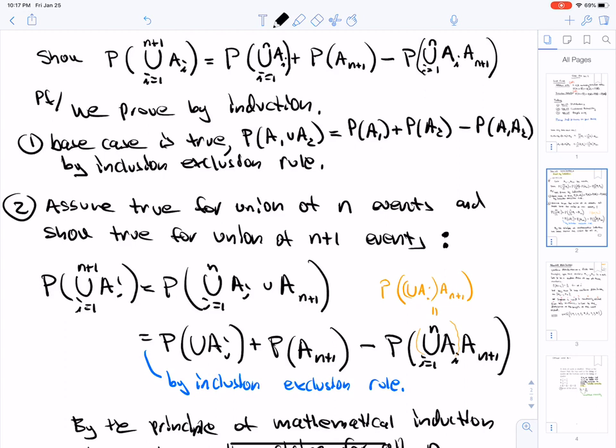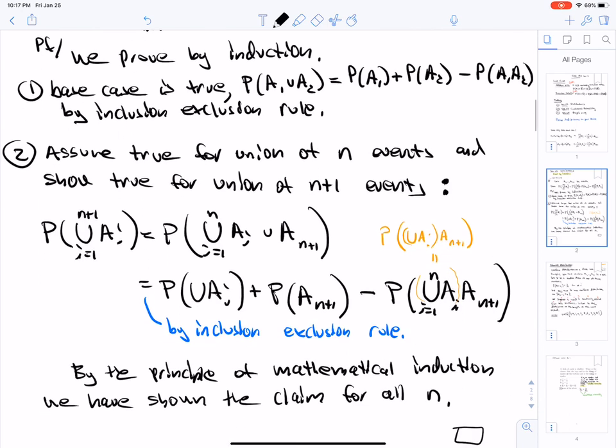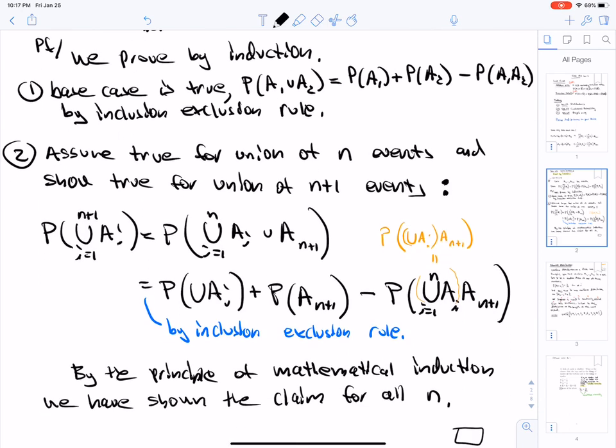But this is just the same as the probability of the union of these Ai intersection An plus 1. And that's exactly what we needed to prove. So by the principle of mathematical induction, we've shown the claim is true for all n.